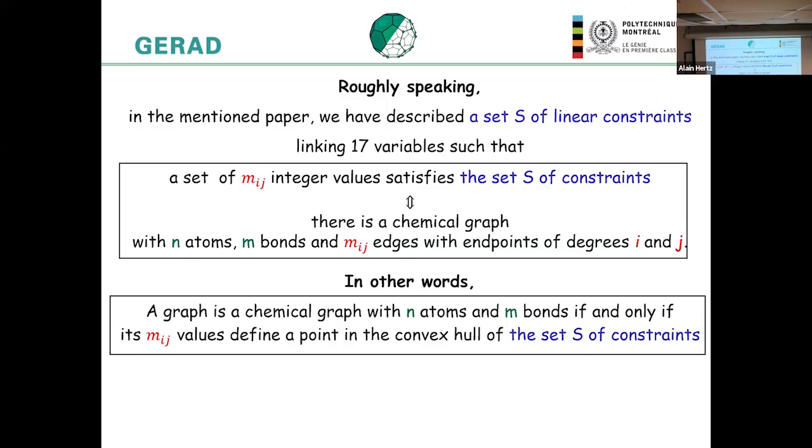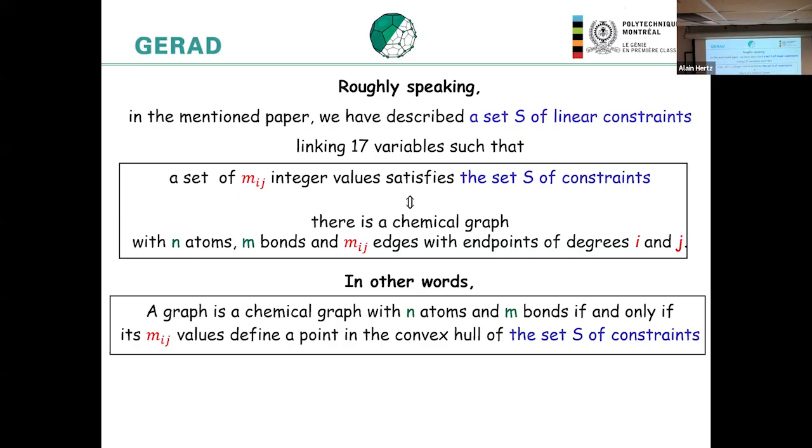So our function now is to minimize the sum of Cij Mij with linear constraints. It's a linear problem, an integer problem. And what I summarize even here: optimizing a degree-based topological index reduces to solving an integer linear program with 17 variables.